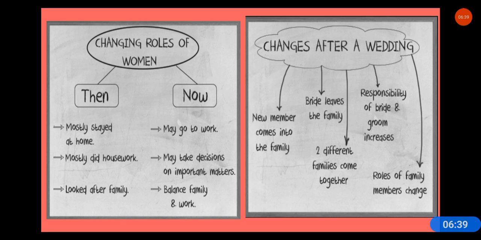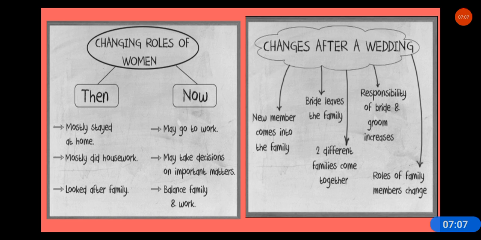If you look at the earlier conditions, women looked after the family only, but now they balance family and work both, right? They look after the family, and at the same time they do the work also. So both lives they lead, both works they do. They balance family and they balance work also.